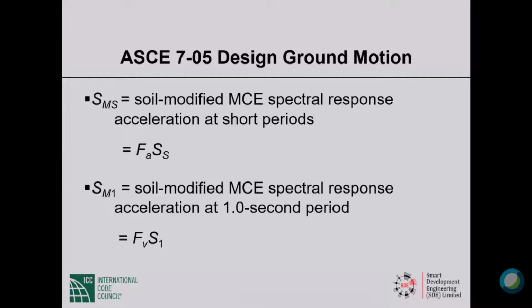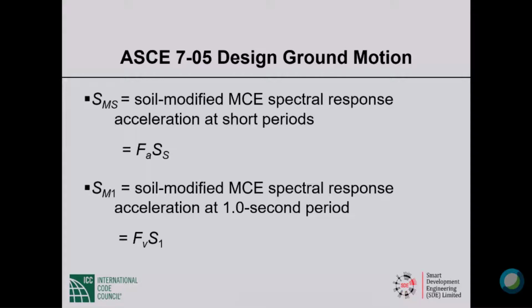Now, we have S sub S, S sub 1, we have to have at the beginning of seismic design. We just talked about F sub A and F sub V. We multiply S sub S by F sub A, obtaining S sub MS, soil modified short period ground motion parameter, which corresponds to the maximum considered earthquake.